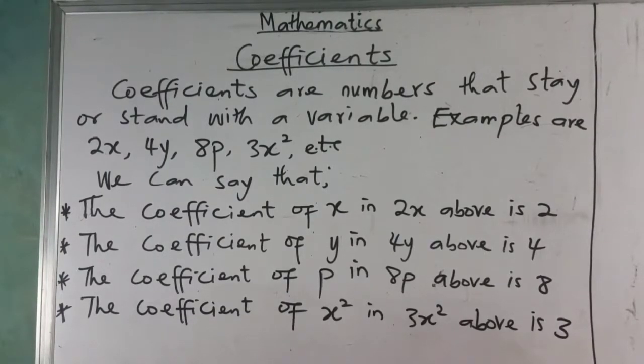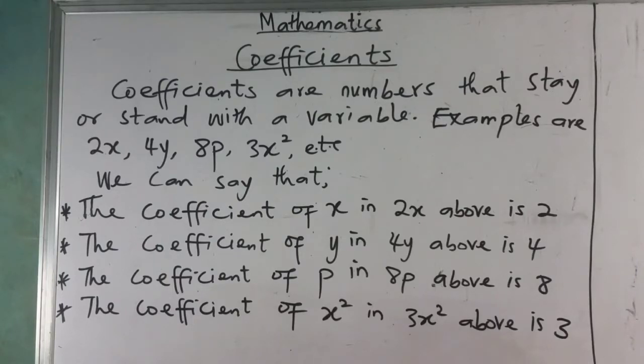The next we are looking at is coefficients. A lot of students don't really know what this is. What are coefficients? These are the numbers that stay or stand with a variable. Examples, we have 2x, 4y, 8p, 3x squared, and so on.